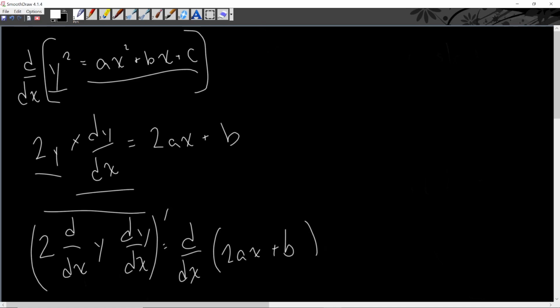So this derivative is going to be 2 dy dx squared. I'm actually not sure how this works. I'll show you the rest of their answer because I think everything past this point makes sense.